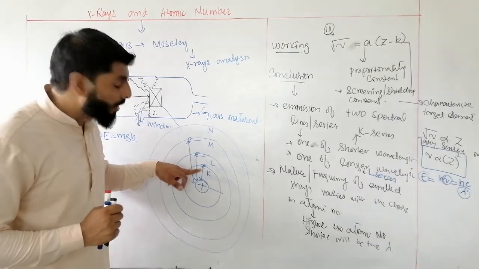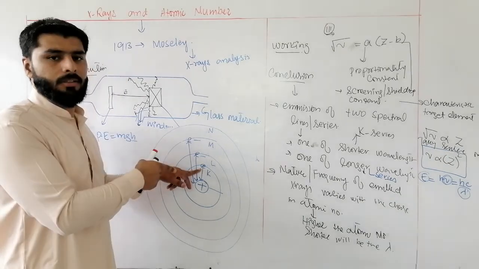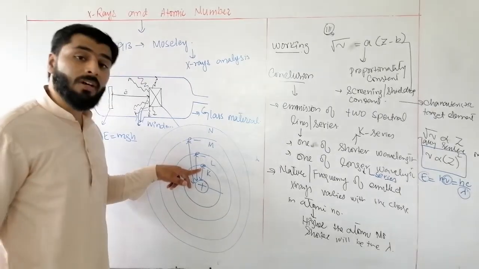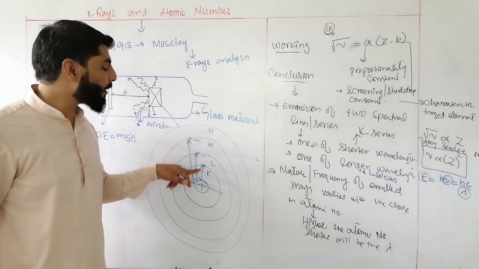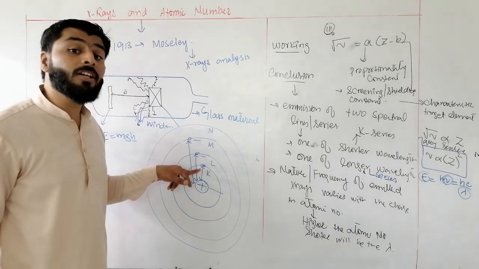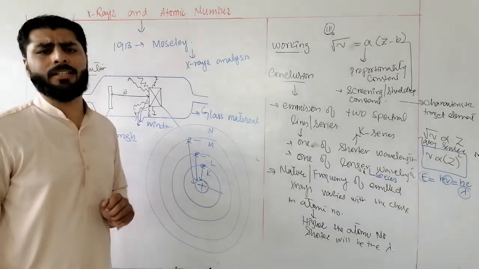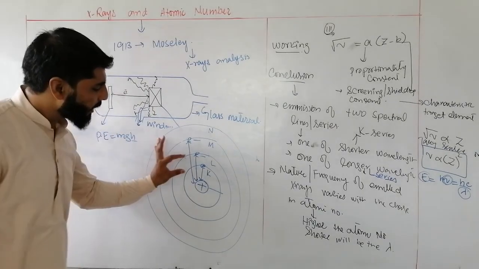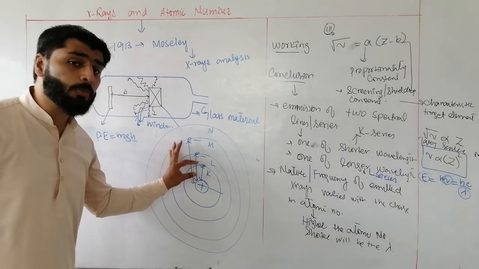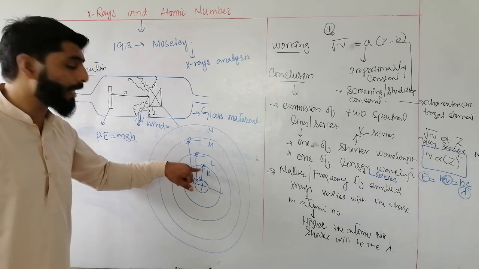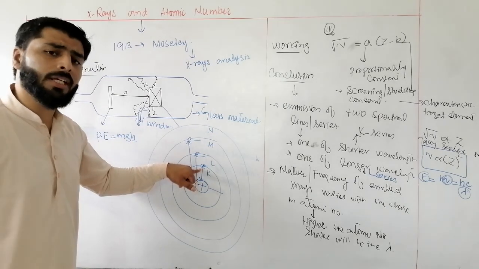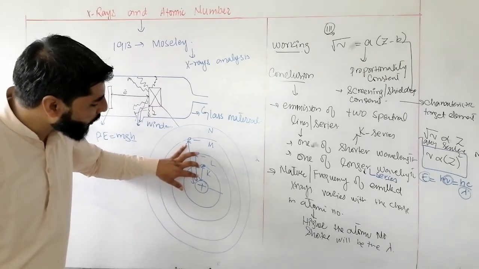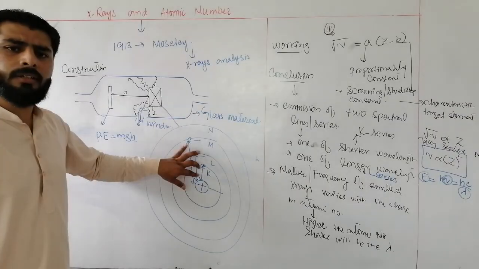But for the emission or transition of this electron, there will be a greater change in energy. Why? Because this electron, due to its position from the nucleus, has lower potential energy, but there is a strong attraction between the electron and the nucleus.